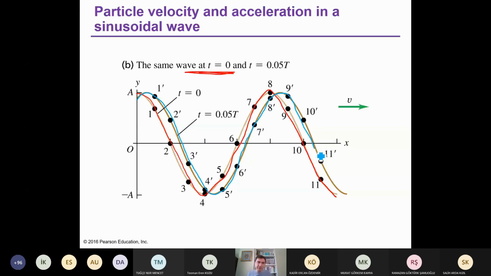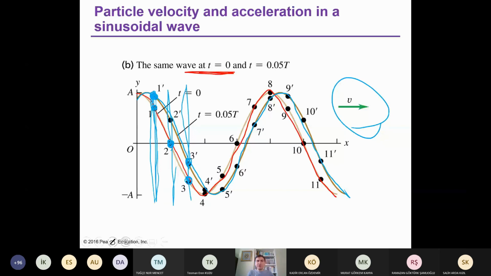What I have told you is that this particle will oscillate around this equilibrium, and by time its position will change. Here we have another particle. By time its position will change. Here we have another particle. By time its position will change, okay? So the wave moves to the right with some certain speed.